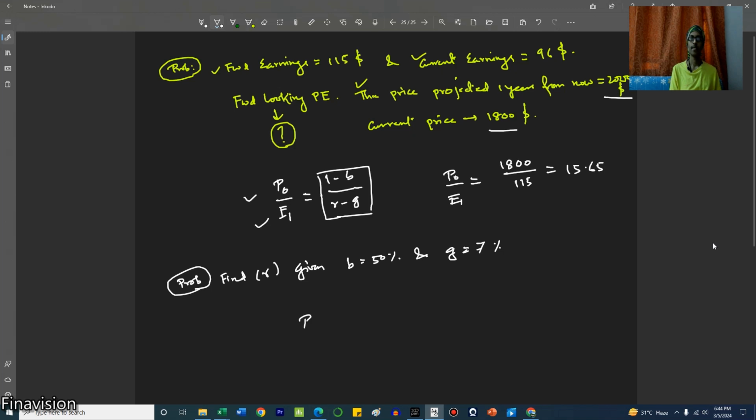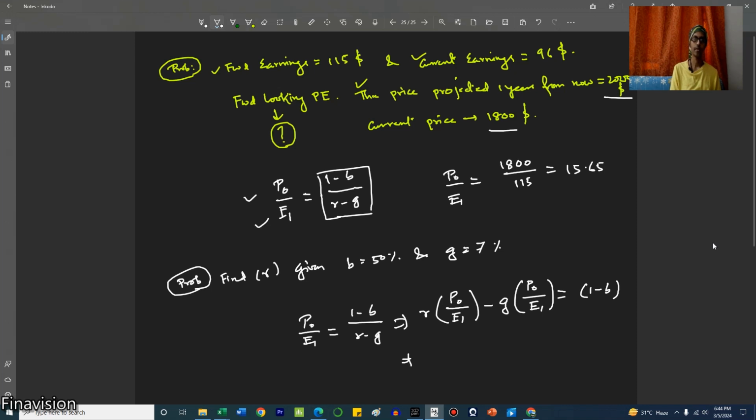So P0 by E1 is equal to 1 minus b by R minus G, right? So from here we can easily write R into P0 by E1 minus G into P0 by E1 is equal to 1 minus b.